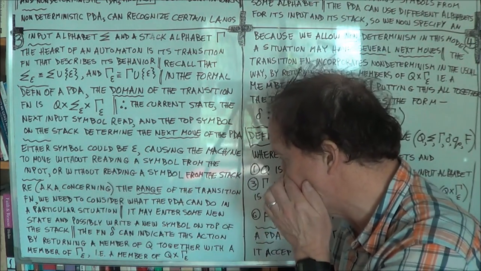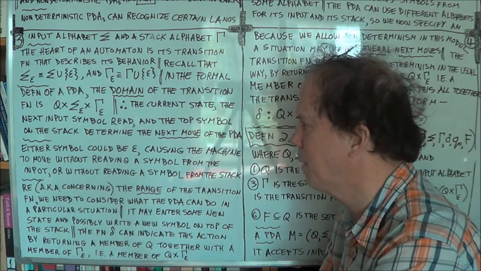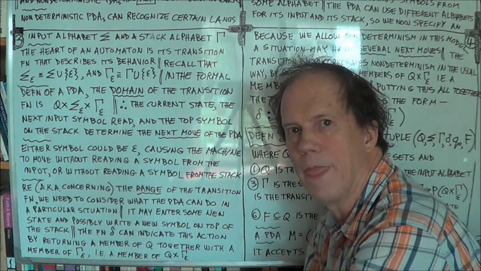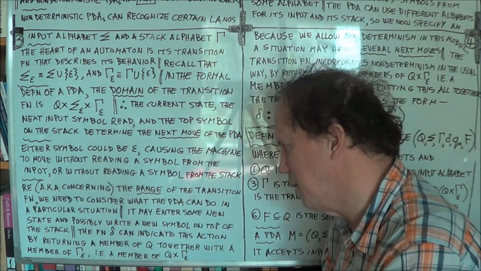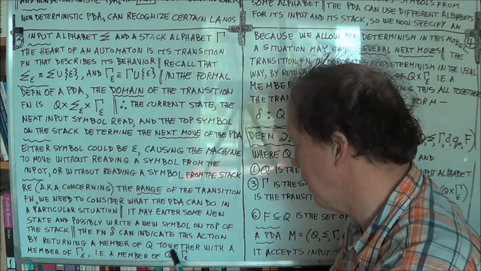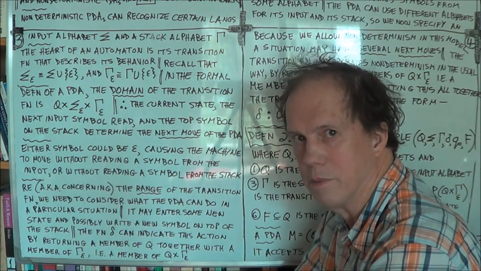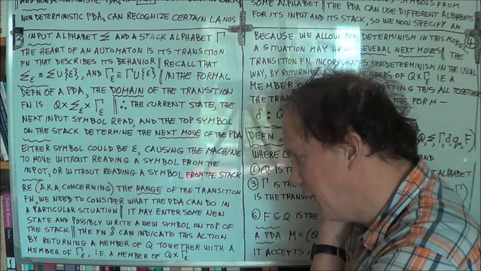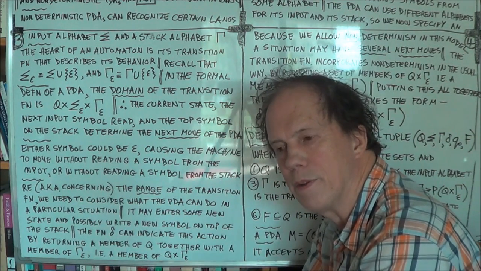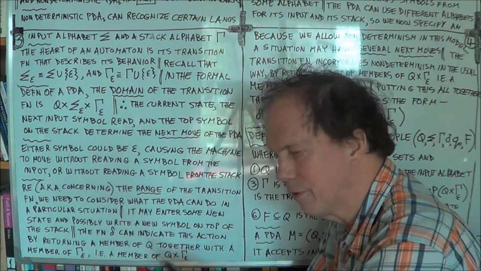So those two things that the transition function delivers, based on the ordered triple from here, it then decides. So it'll return a member of Q, like the next state, together with a member of the stack alphabet augmented with epsilon. In other words, it will return an ordered pair, two factors, A comma B, if you like.